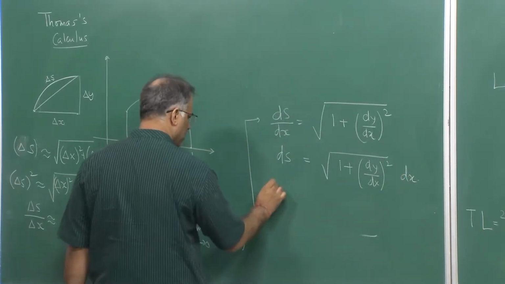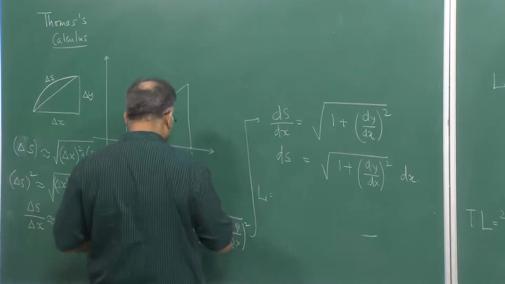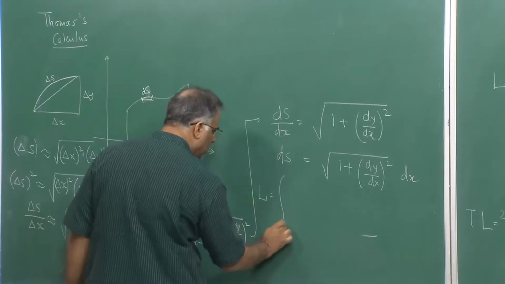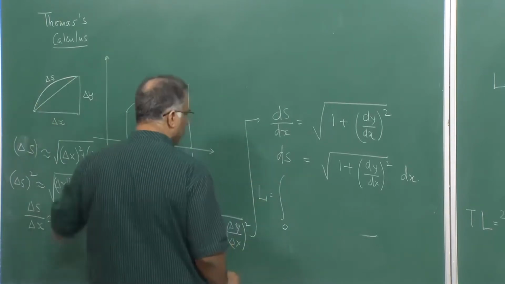So, the total length is nothing but the sum of all the small elemental parts.